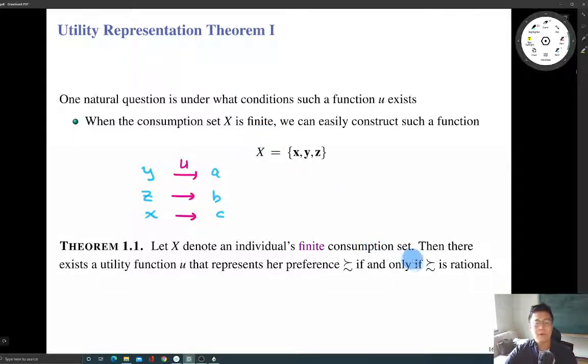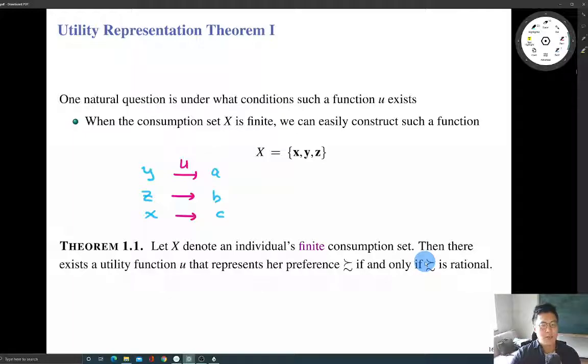Okay? And rationality is also, remarkably, a necessary condition, meaning that if one consumer's preferences are not rational, so irrational, then we can no longer find such a utility function. The reason is, suppose that one consumer's preference is not complete, so it's irrational.